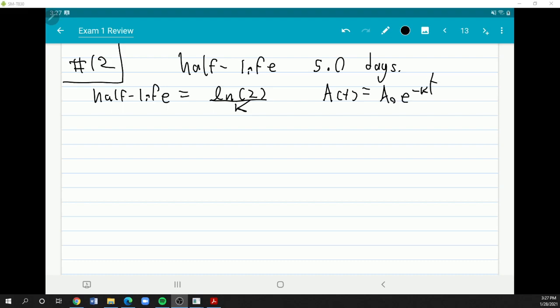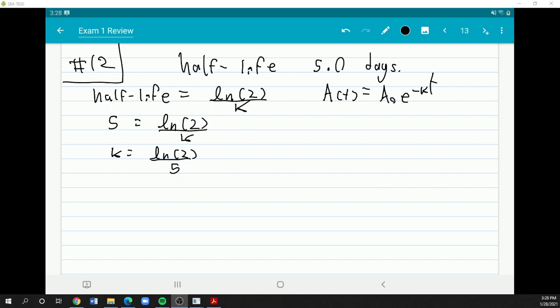Minus because it's decaying. This gives us a chance to solve for k without being really, really sad. Because we know the half-life is 5 equals natural log 2 divided by k, or in other words, k is equal to natural log 2 divided by 5.